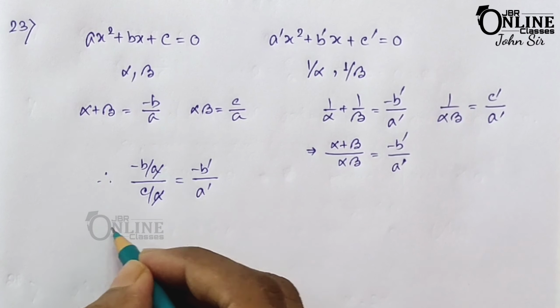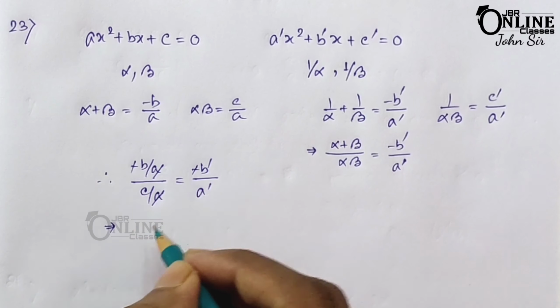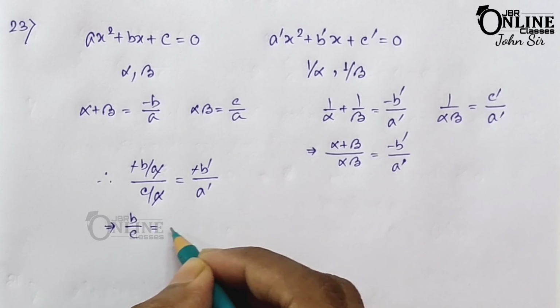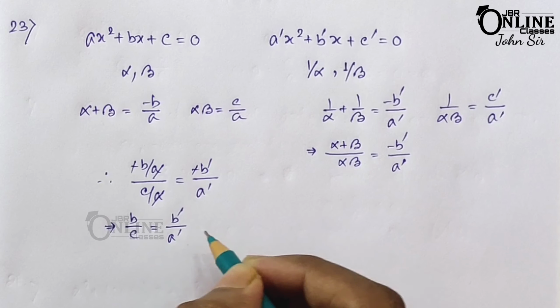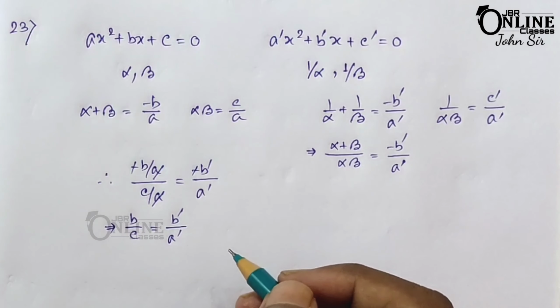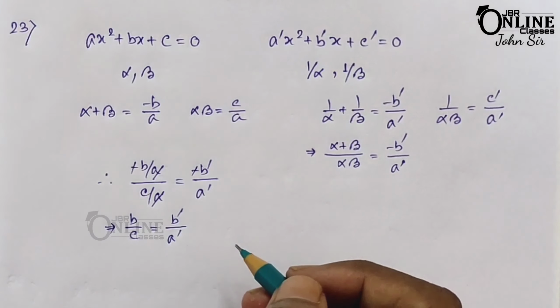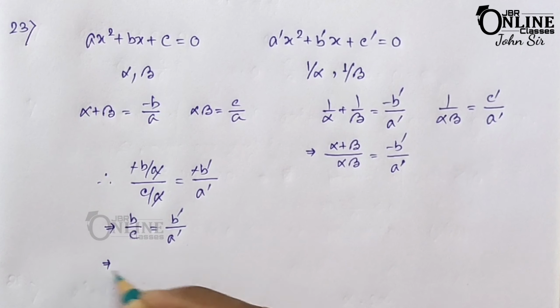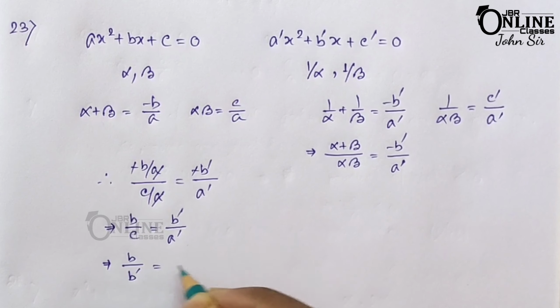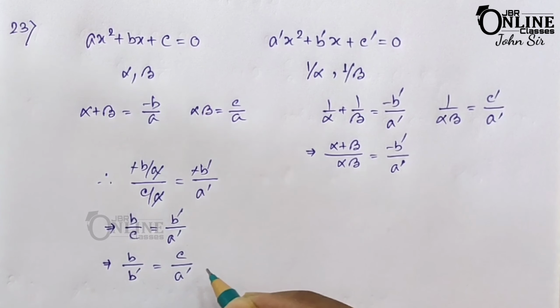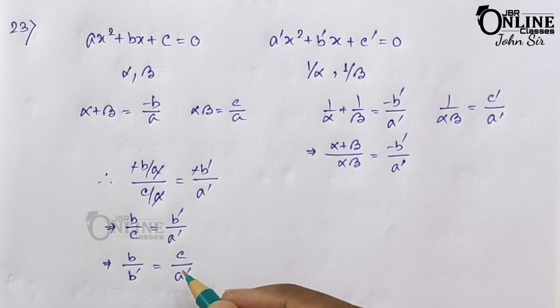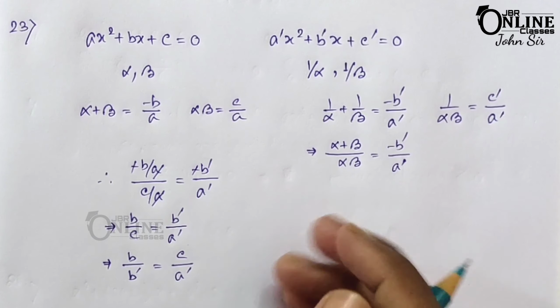So here a cancel out, minus minus cancel out, so b by c, that equal to b dash by a dash. Okay, b by c, that equal to b dash by a dash. So that means here easily b by b dash, that equal to c by a dash.